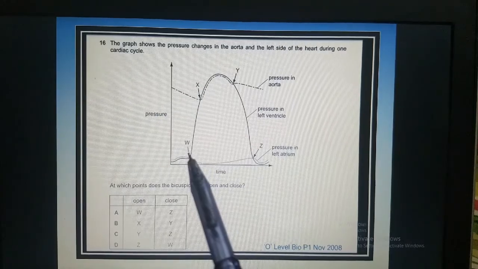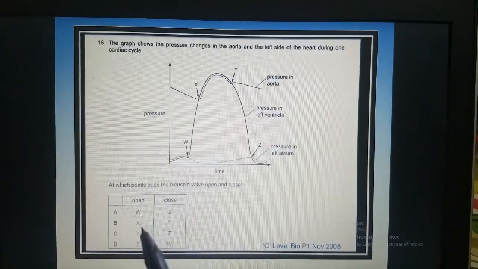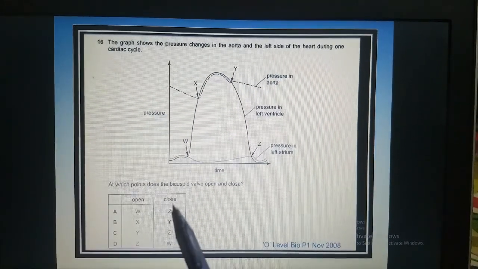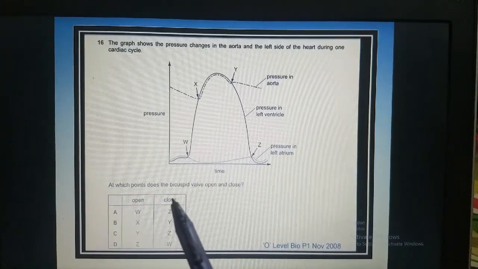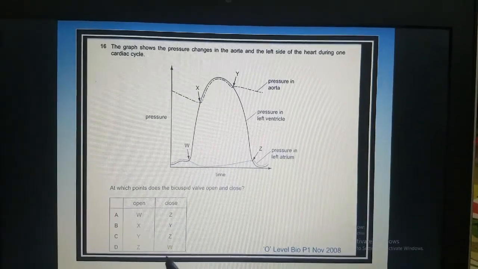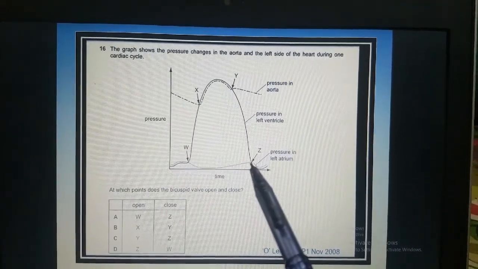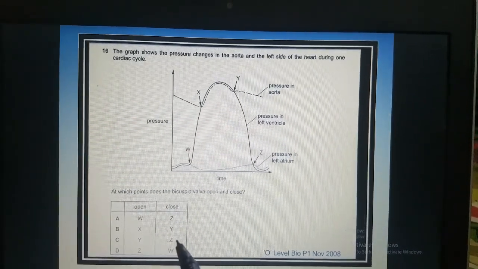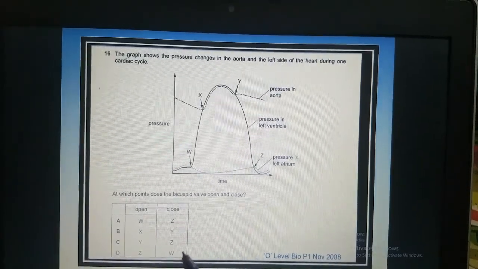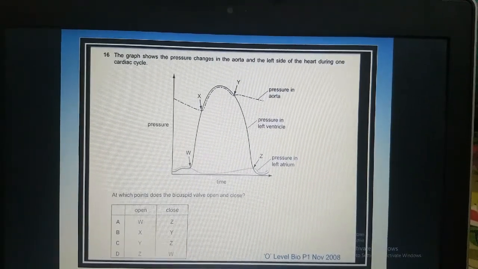So when you see W, it should be closed. You have to check where it is. So only one area where it is showing closed, Z when it is open. So this is the answer of this question, which you can easily identify.